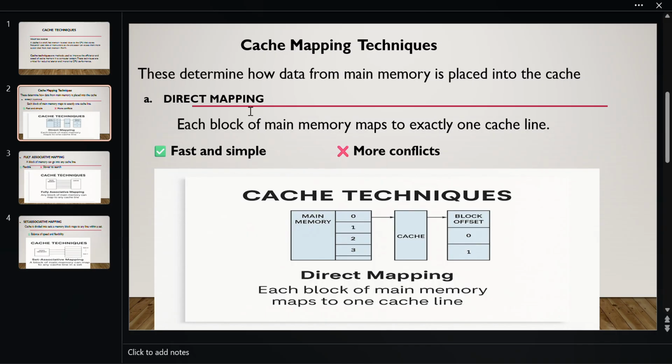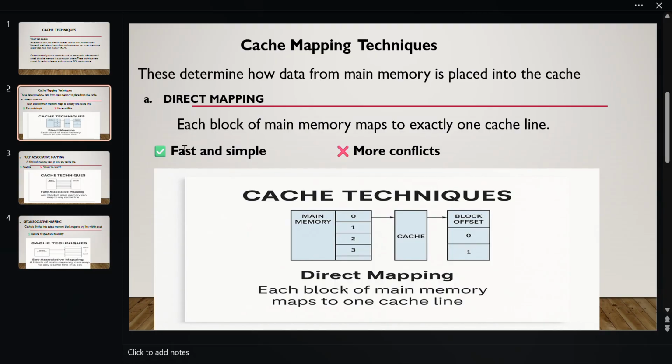So direct mapping shows how each block of main memory maps to exactly one cache line. We now know the meaning of a cache line and what refers to a block of main memory: fixed-size chunks of data that can be transferred to and from the cache.